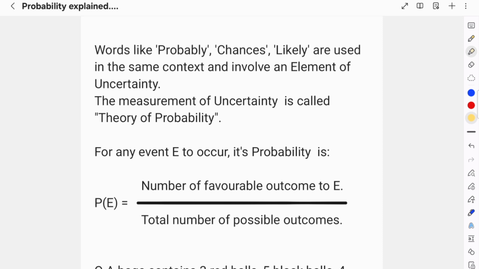It is about how sure we are that this event is going to occur or not occur. So let us do a few numericals to get a better understanding of probability.